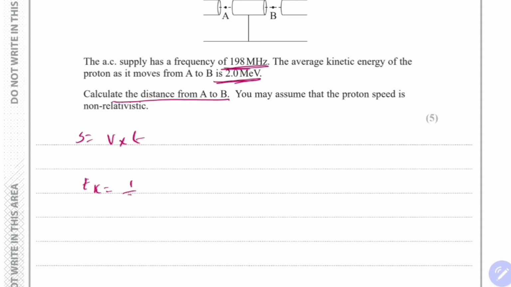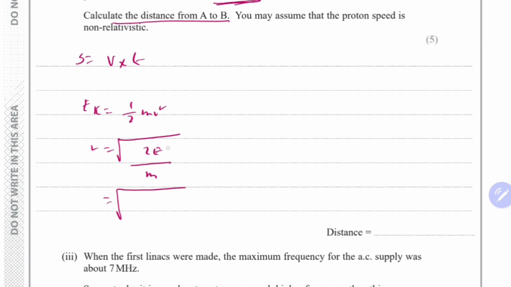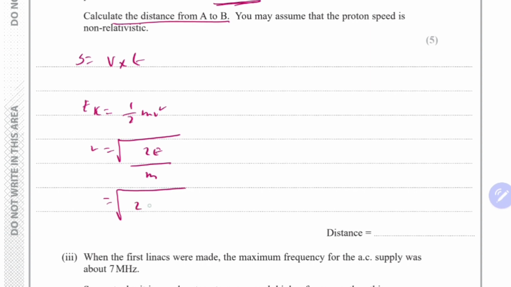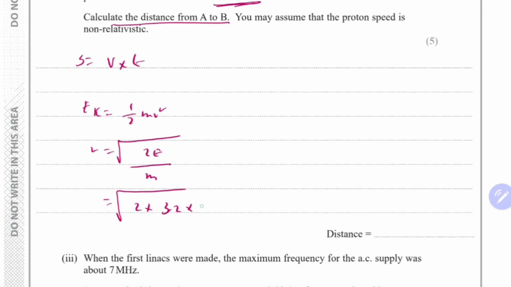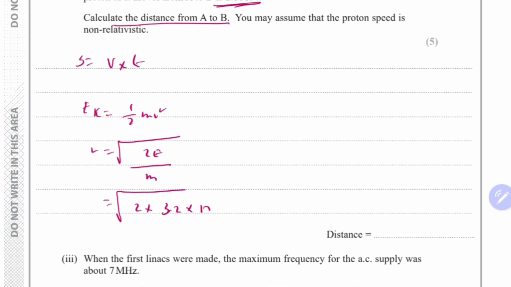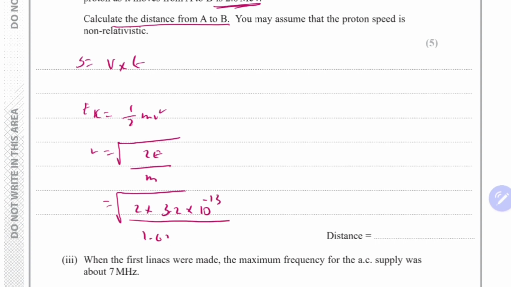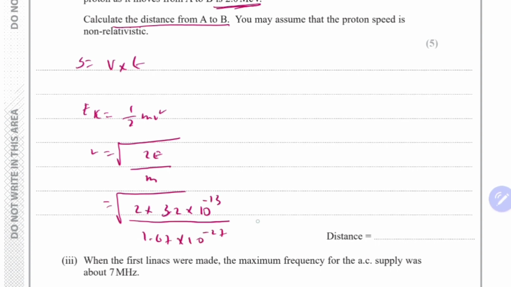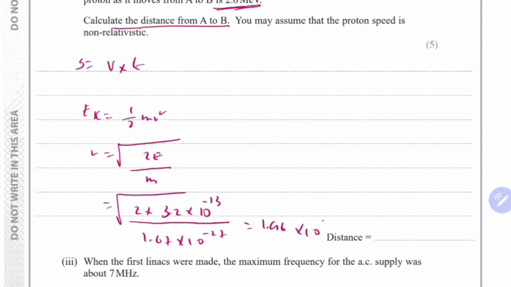EK equals half mv squared, so v equals root of 2E by m. We have to make sure to convert it. By converting it, we get this. And m is 1.67 times 10 to the power minus 27. We get 1.96 times 10 to the power 7.